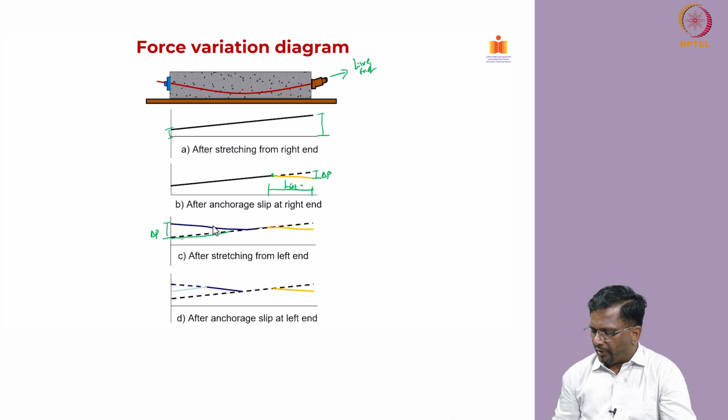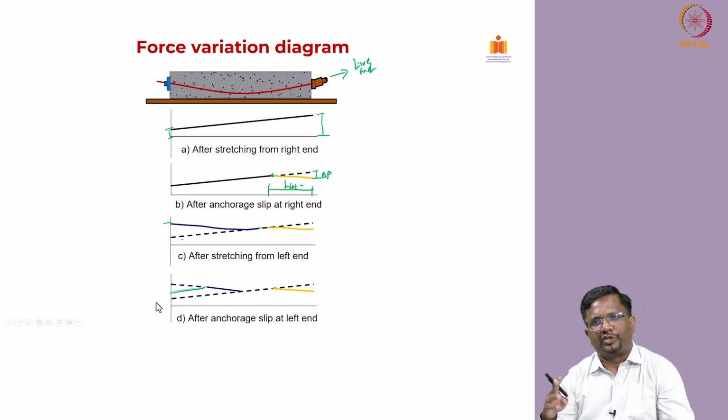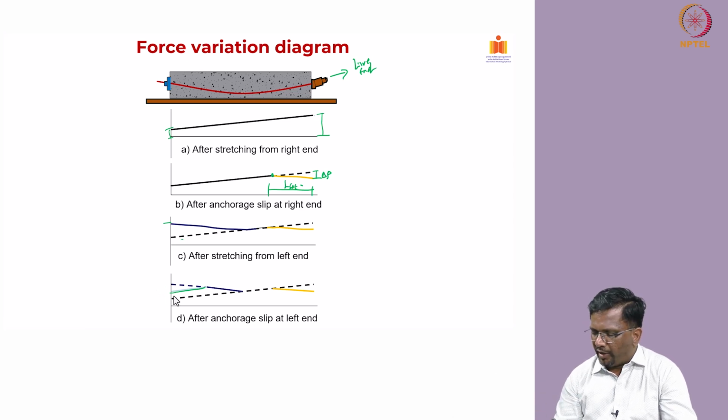Once you anchor, after the anchorage slip, this is only from stretching from the left end, you will have this kind of force that will go like this. This is your delta P that is happening here. So, overall, when you do the stretching from both ends, you kind of get an average force.